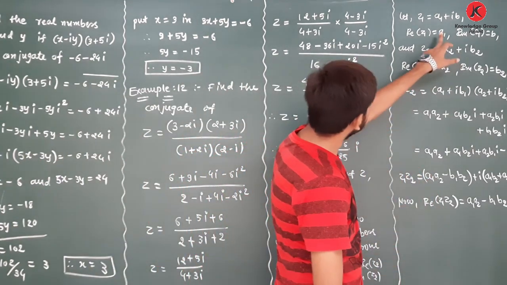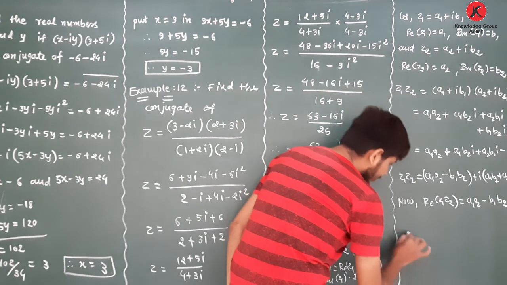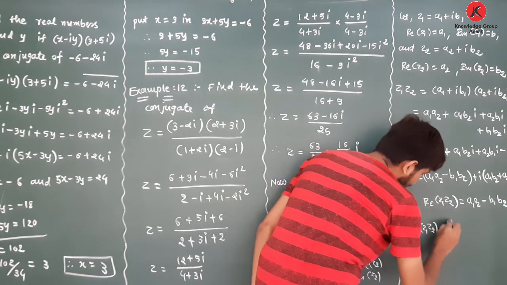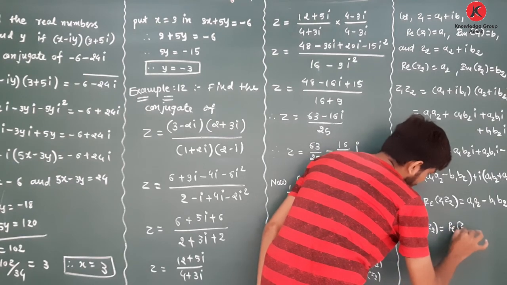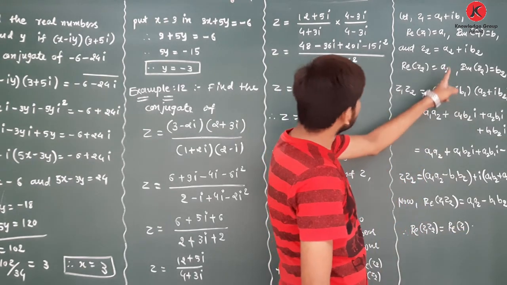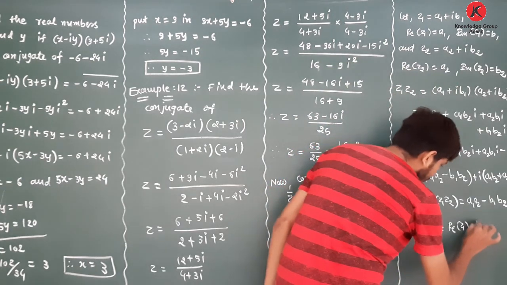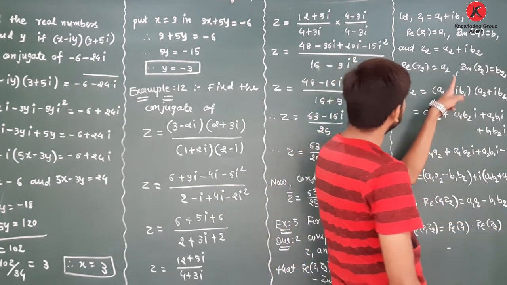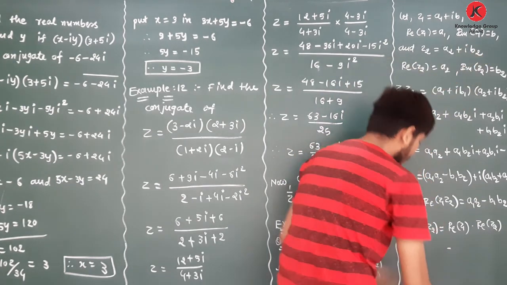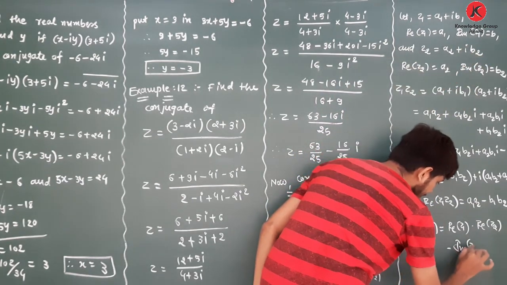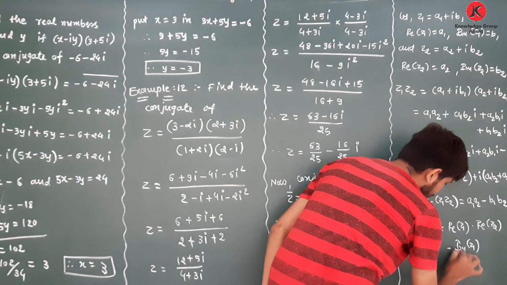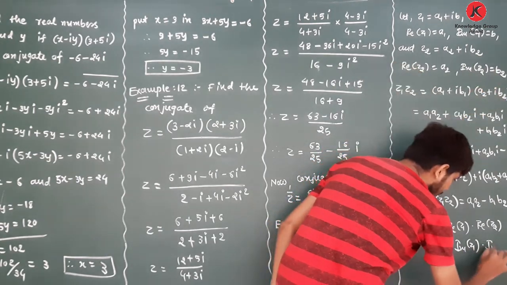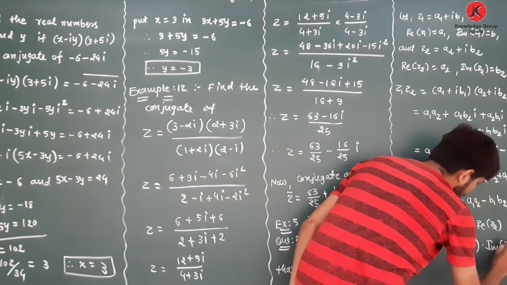Now what is a1? a1 is real part of z1. Therefore we can write real part of z1 z2 equals a1 is real part of z1, a2 is real part of z2, minus b1 is imaginary part of z1, and b2 is imaginary part of z2.